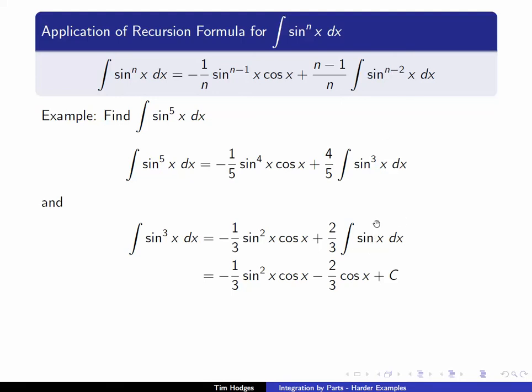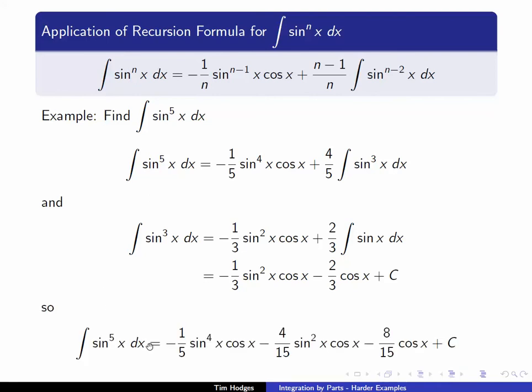And then we can integrate this and get cosine x. So, keeping in these constants here, 1 over n is a third, n minus 1 over n here is 2/3. So we get this expression for sine cubed, and now we can substitute that back up there and get a complete answer to sine to the 5th. And I will just leave it at that. I won't read it out for you.